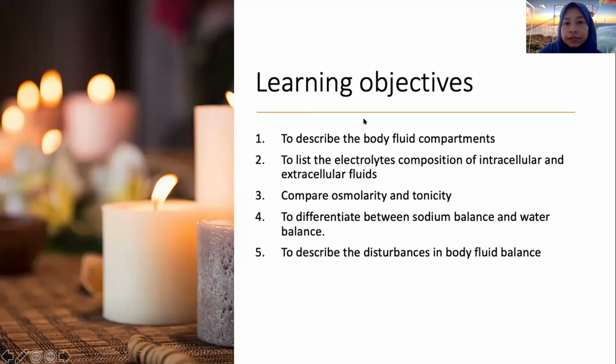And we also need to know what are the main electrolytes in each of the body fluid compartments, including the cations and also the anions, and to compare the osmolarity and also tonicity, especially with the intravenous fluid that you're going to use in treatment.